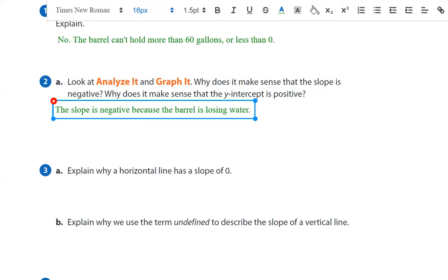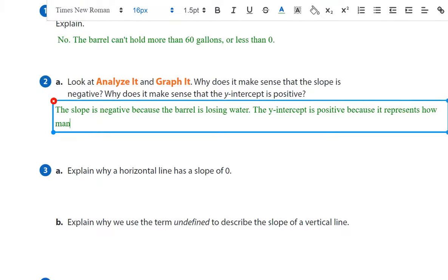Why is the y-intercept positive? Where does the y-intercept start at? 60? Because the barrel starts at 60 gallons. Because it represents how many gallons of water the barrel starts with. There you go.